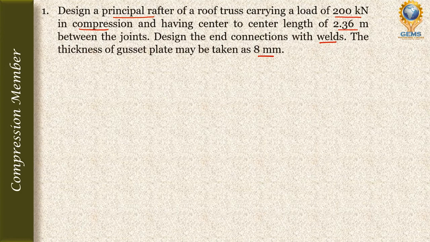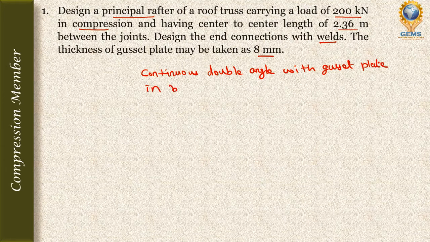So in the roof truss, a principal rafter generally consists of continuous double angle with gusset plate in between them.